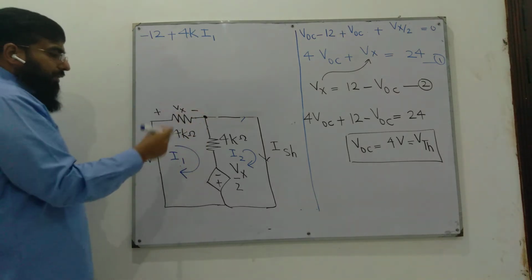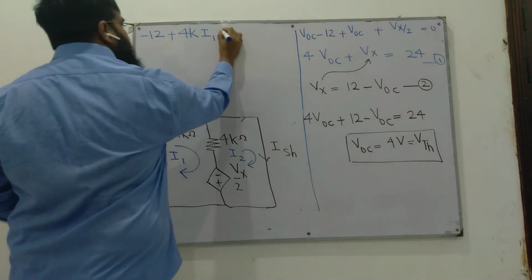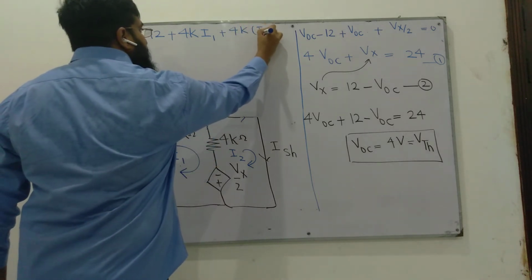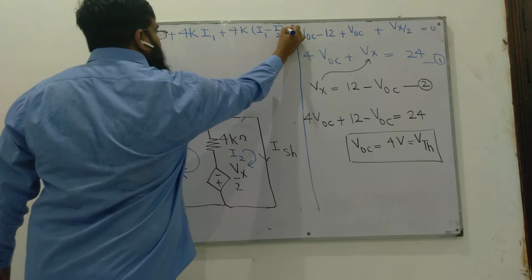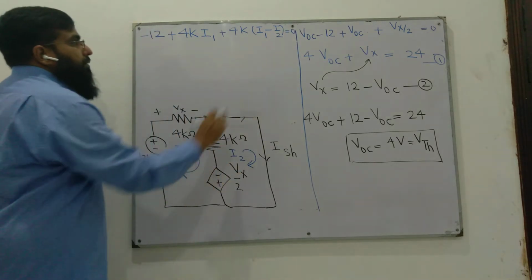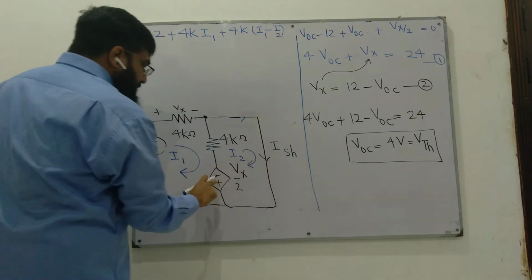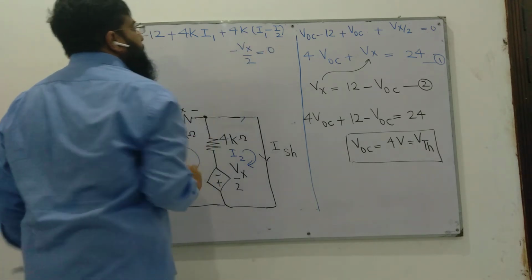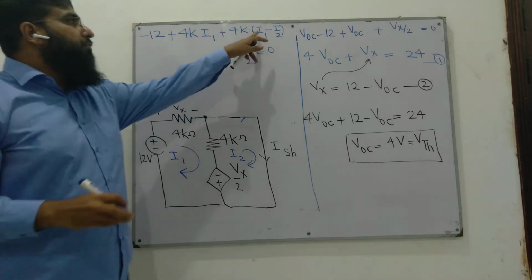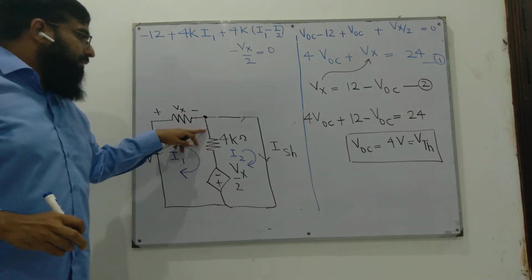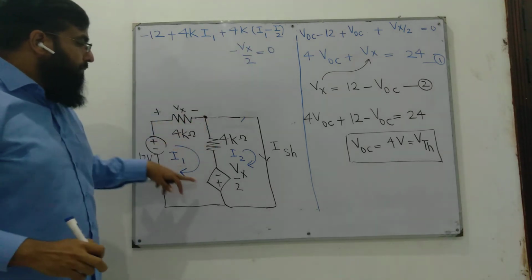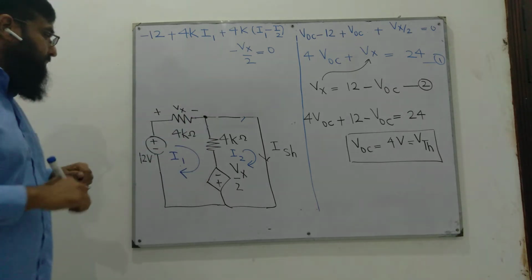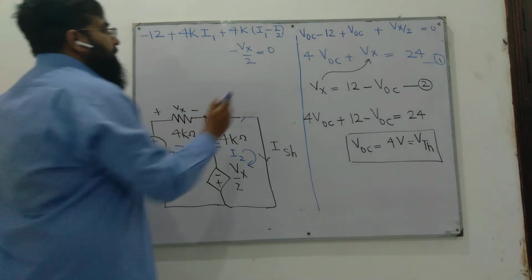Through this 4k resistor we have only I1 current flowing, plus this 4k times I1 minus I2, minus Vx by 2 is equal to 0. Through this 4k resistor we have two currents; the net current is I1 minus I2. When we are in this loop, minus is also a voltage rise, therefore minus Vx by 2. So this is equation number 1.